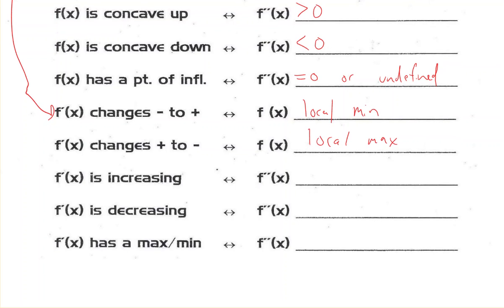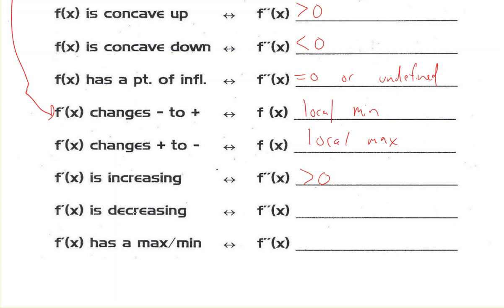If the first derivative is increasing, so another way to say increasing is that its slope is positive. So if the slope is positive on the first derivative, that means the second derivative is also positive. Vice versa.